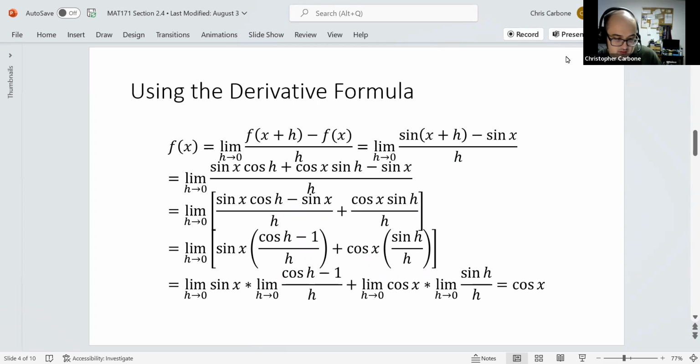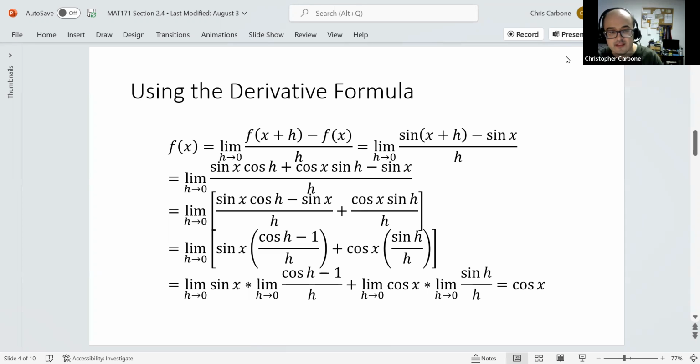If we put the limit as h approaches 0 of f of x plus h minus f of x divided by h, by putting in that sine of x for each of those, this is the limit as h approaches 0 of the sine of x plus h minus the sine of x divided by h.